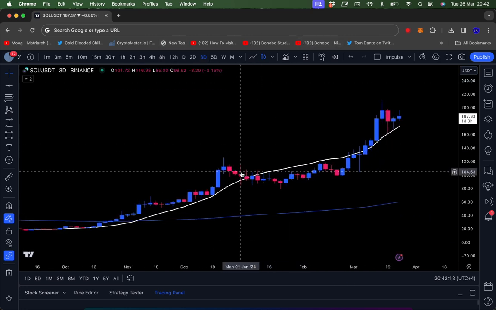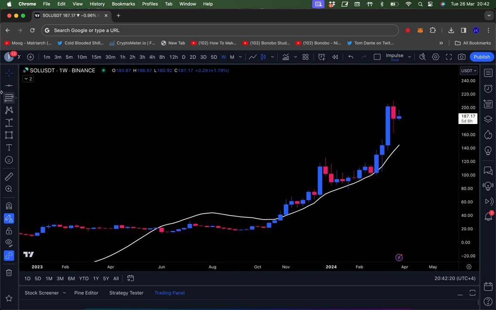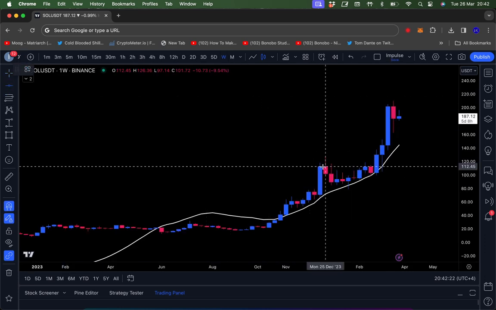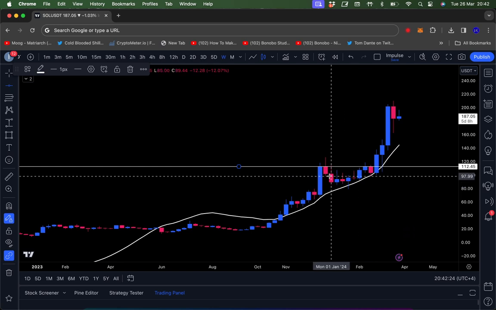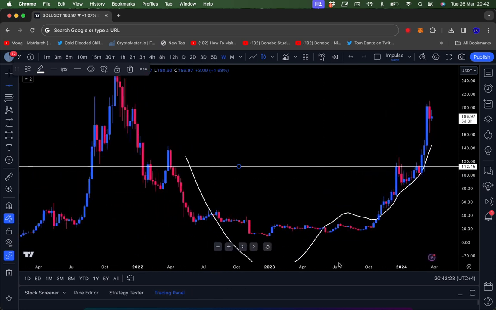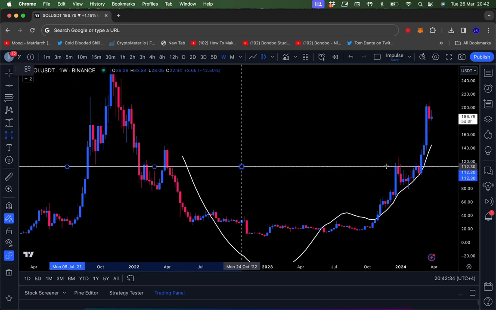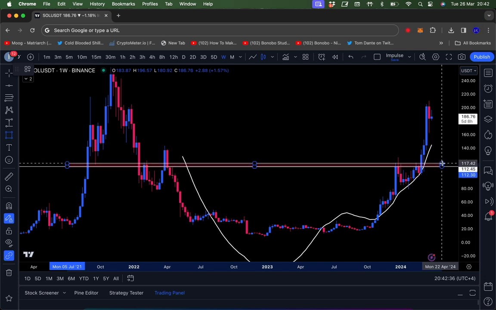Now, if we jump back towards earlier this month, we had a similar thing happening, but more so on the weekly time frame. We had this big support area around 112, which you can see if you go back to previous bull market history. There's a nice little support area here.